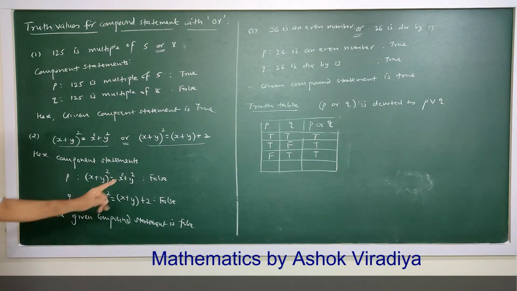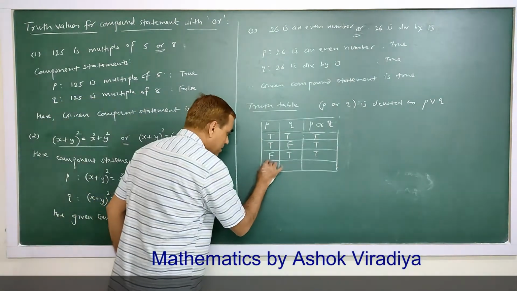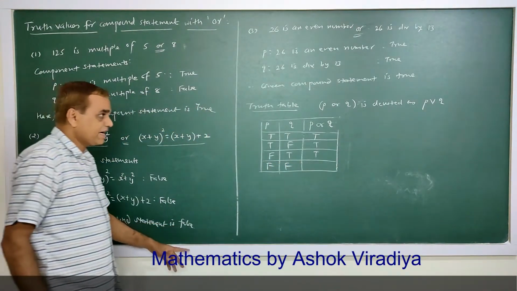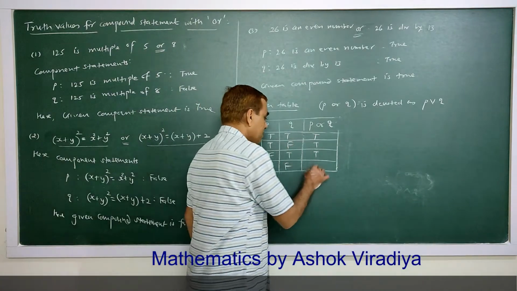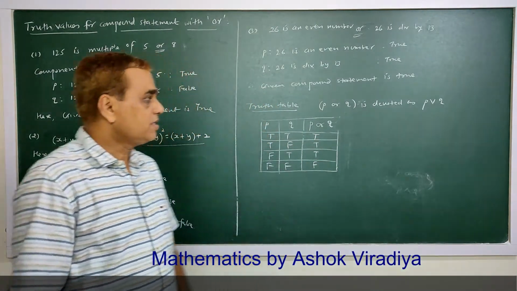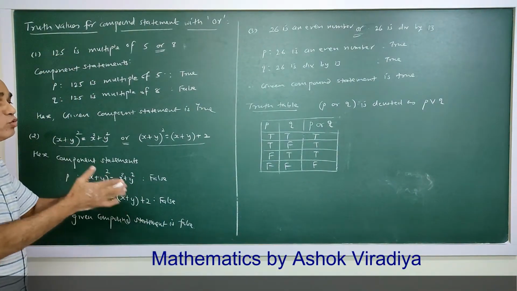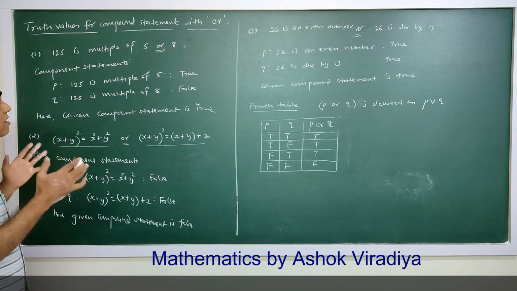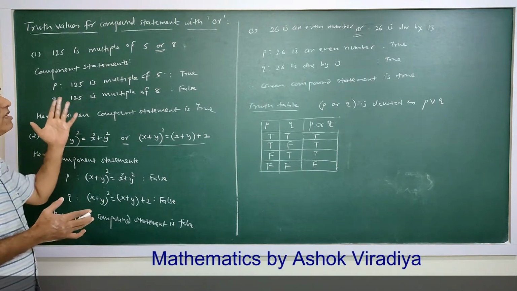But if both are false, P is false, Q is false, then compound statement with word OR is false. So this is the way to determine truth value of compound statement with word or.